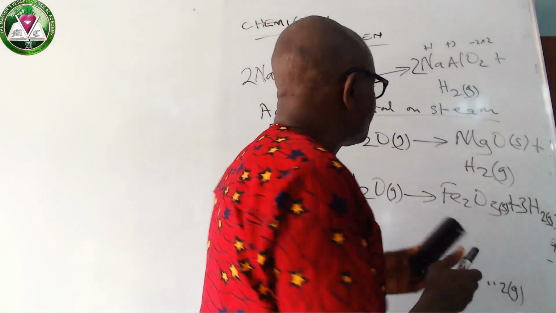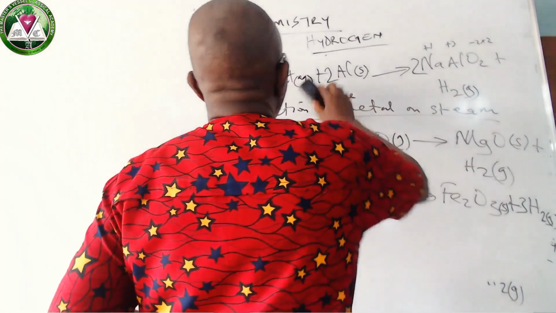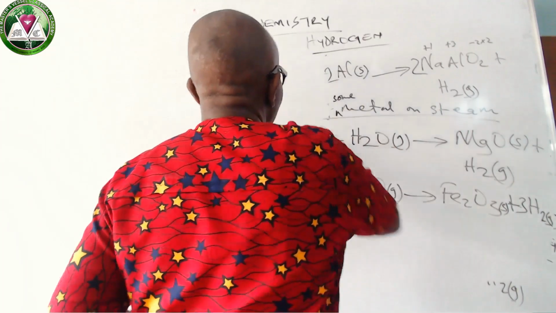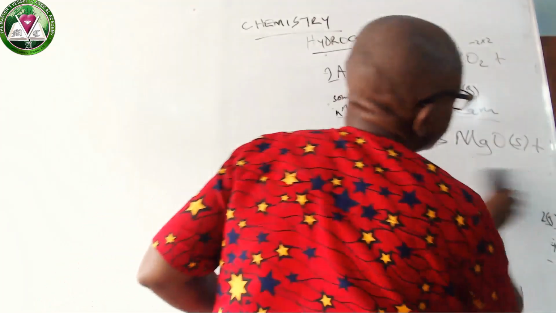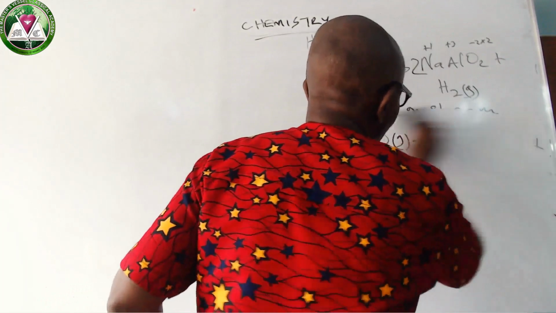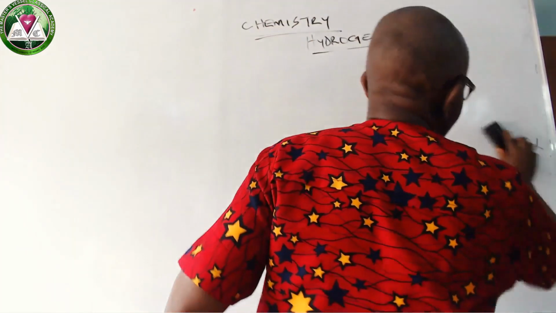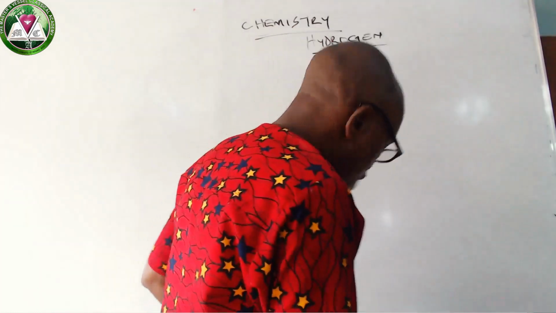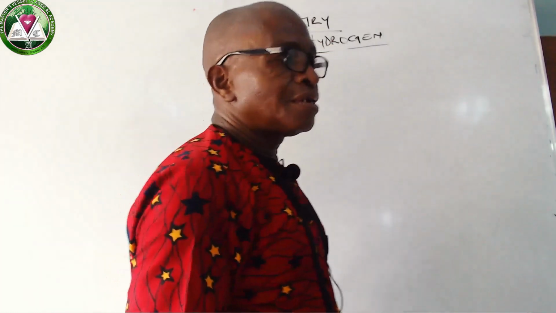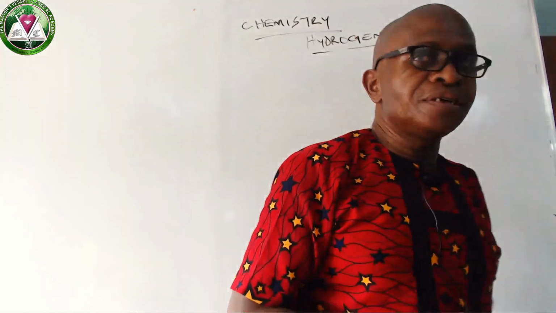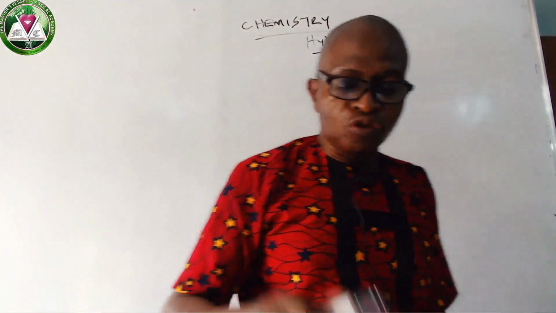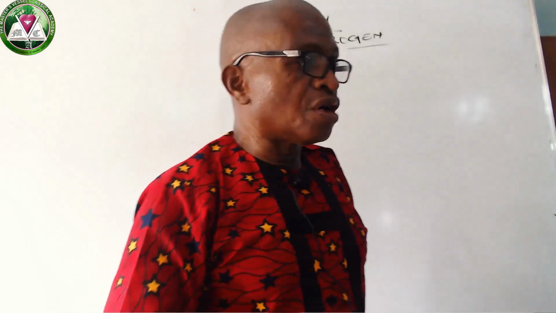Let's look at how you can produce it industrially, because hydrogen is very important. Some of you who are in SS3 know some of the uses of hydrogen. For some of you who are not yet there, you will still learn it maybe in the next lesson, because we need to talk about uses of hydrogen.